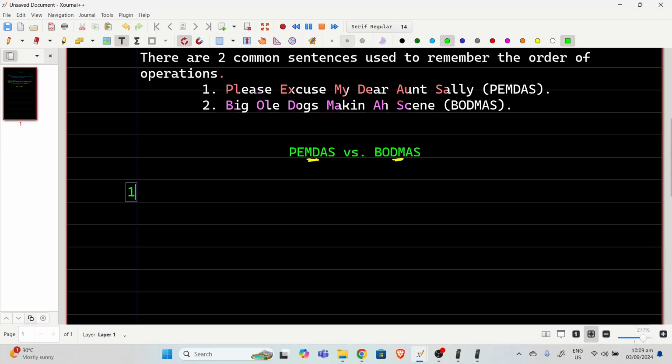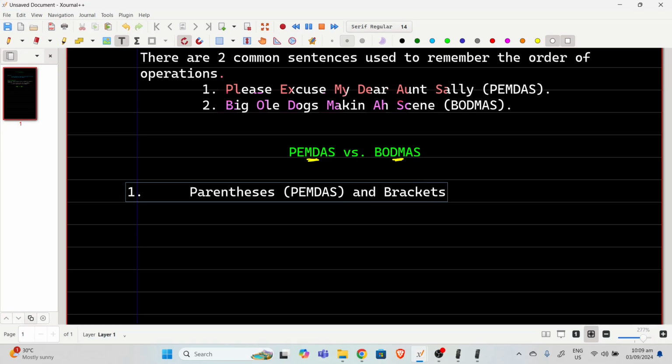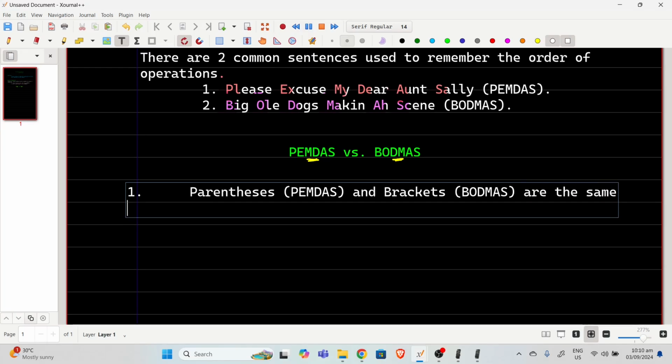All right, so the first rule is parentheses from the PEMDAS and the brackets from the BODMAS are the same and include all types of brackets.